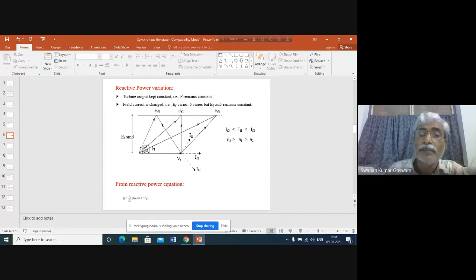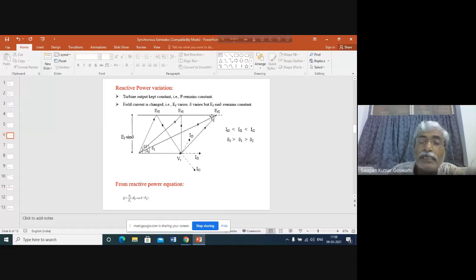So now delta is increasing or decreasing because of the variation of EF. Why is the variation in EF changing the value of delta? You see, what happens if the field current is increased?